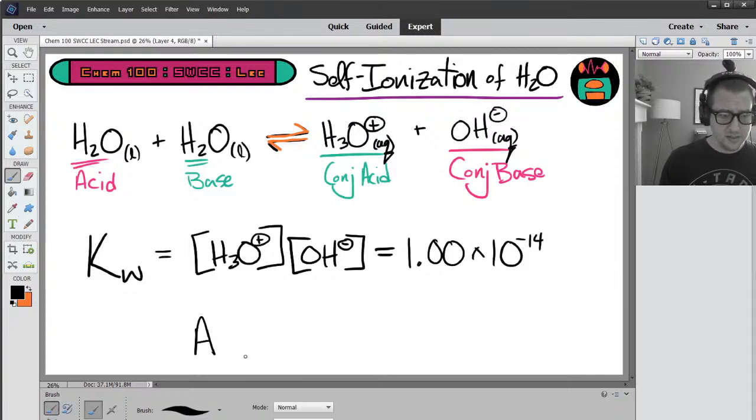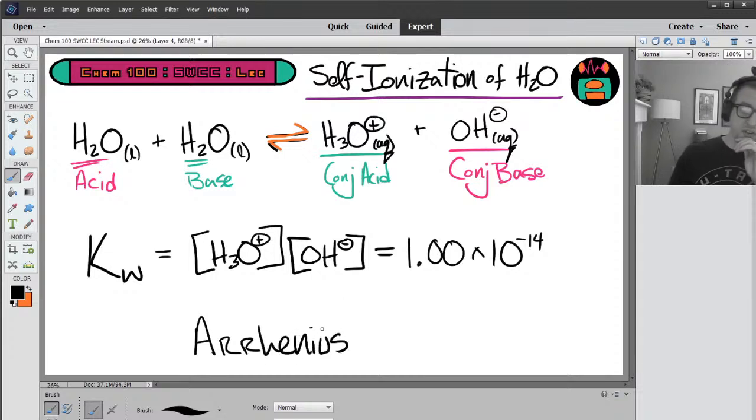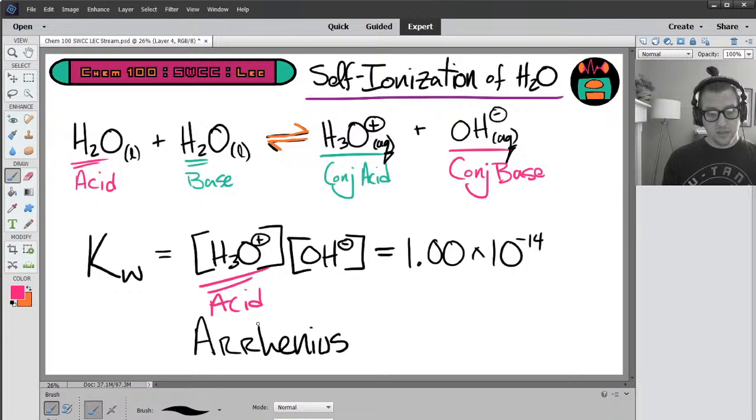It's Arrhenius. You'll recall that the Arrhenius definition of an acid and a base says that an acid produces H3O plus, and a base produces hydroxide.